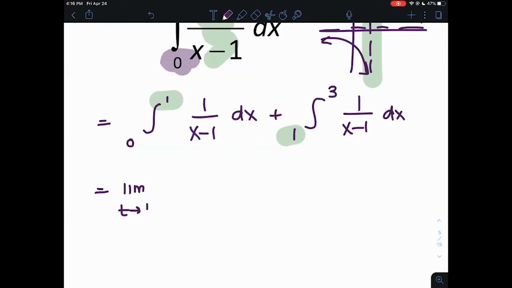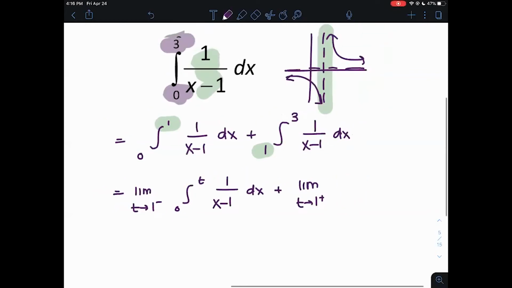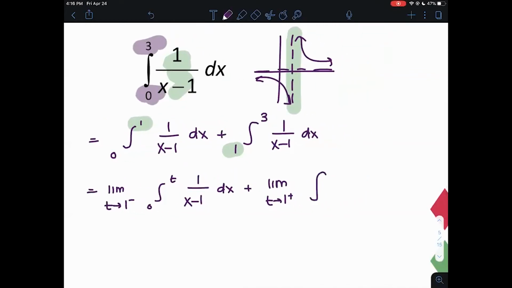The limit as t approaches 1 from the left of the integral from 0 to t of 1 over x minus 1 dx, plus the limit as t approaches 1 from the right of the integral from t to 3 of 1 over x minus 1 dx.